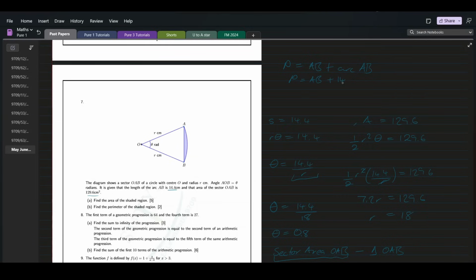Now we already know that arc AB is 14.4, so we can say that our perimeter is equal to AB plus 14.4. To get AB, what we can do is we can split this triangle over here in half to form these two right-angled triangles. Now we know that theta is equal to 0.8, but we have split theta in two.